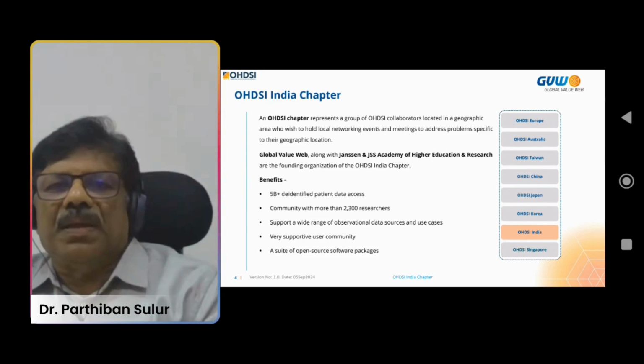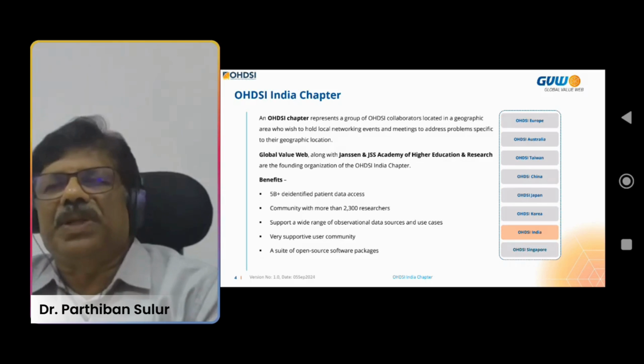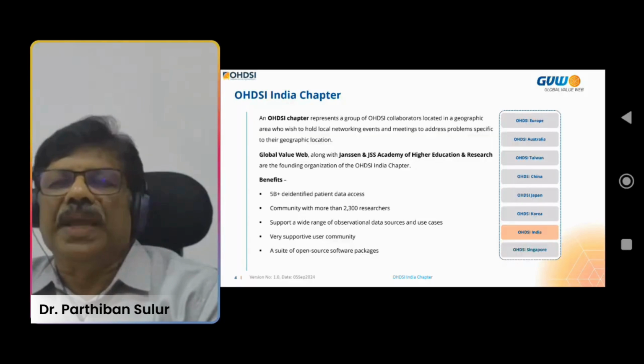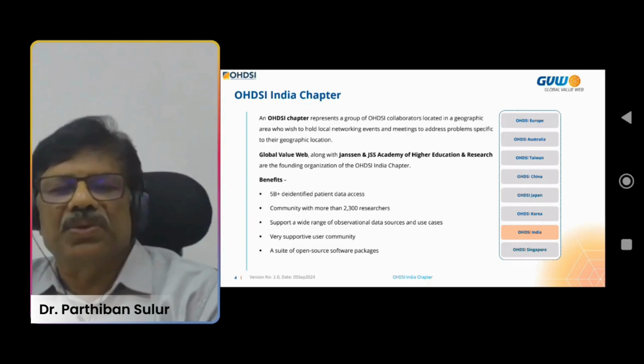For the OHDSI India chapter, as you see on the right, there are chapters available in various regions, and we wanted to create an India chapter that can address the Indian data challenges and also cover more research on Indian patients. Of course, we have the largest disease burden in the world, and we don't have enough data sets to cover that kind of research.